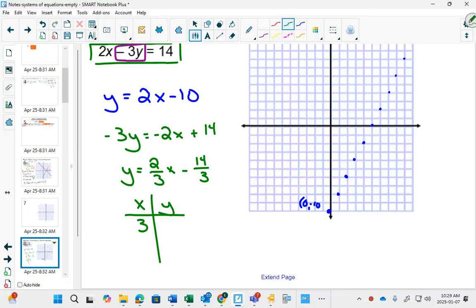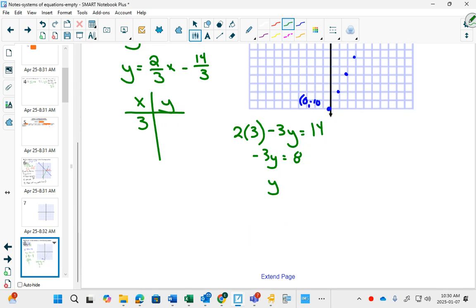If I plug in 3 for x, that would be 2 times 3 minus 3 times y equals 14. This is how we do our table of values. You pick an x value, you plug it in, and then you solve. So then I would get minus 3y equals, if I move the 6 over, 8.